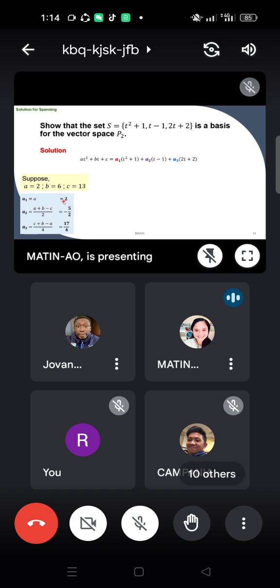And then a sub 2 is a plus b minus c over 2, so 5 over 2. So that is a sub 2. Then a sub 3, just substitute 13 plus 6 minus 2 is equal to 17 over 4.